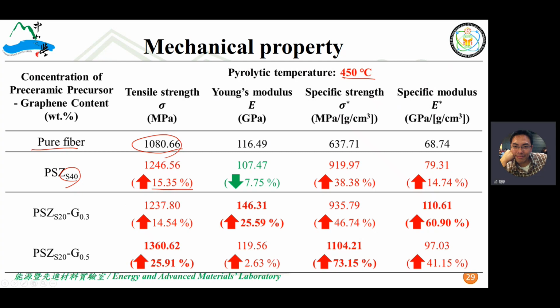And when this carbon fiber is coated with 20% of the preceramic precursor with 0.3% of graphene, its tensile stress is enhanced about 14.5%. And when it incorporates 0.5 weight% of graphene, its tensile stress is enhanced about 26%.